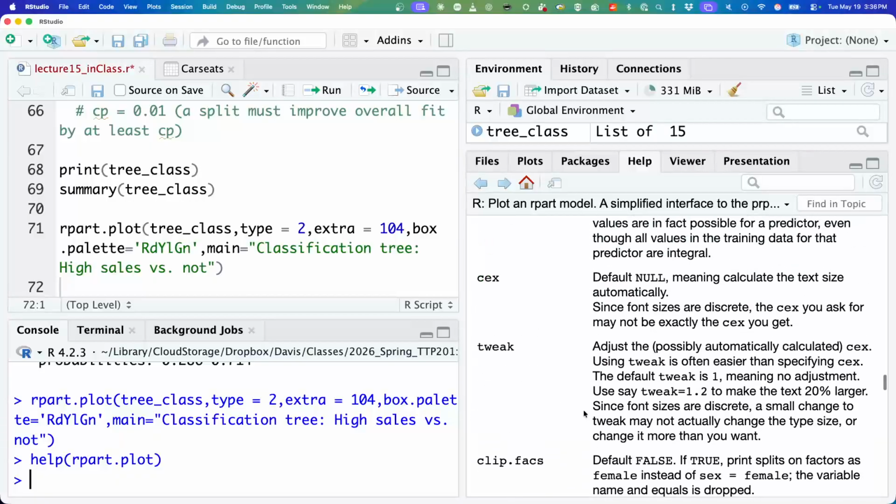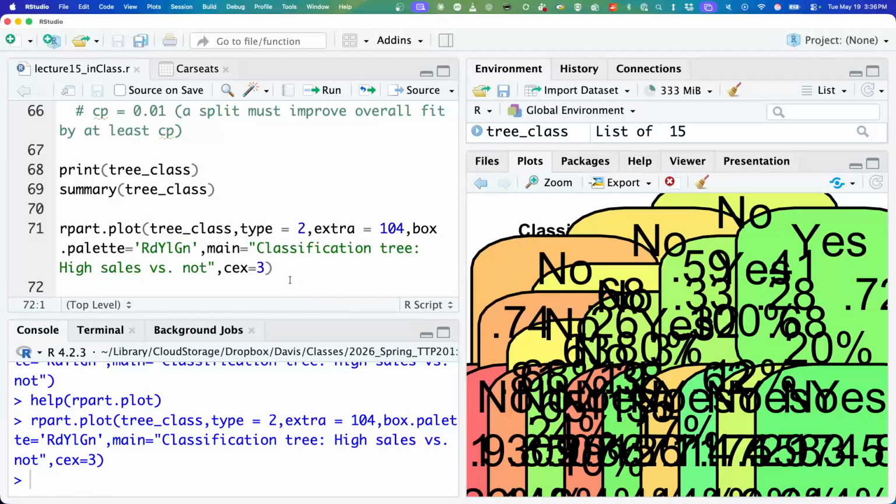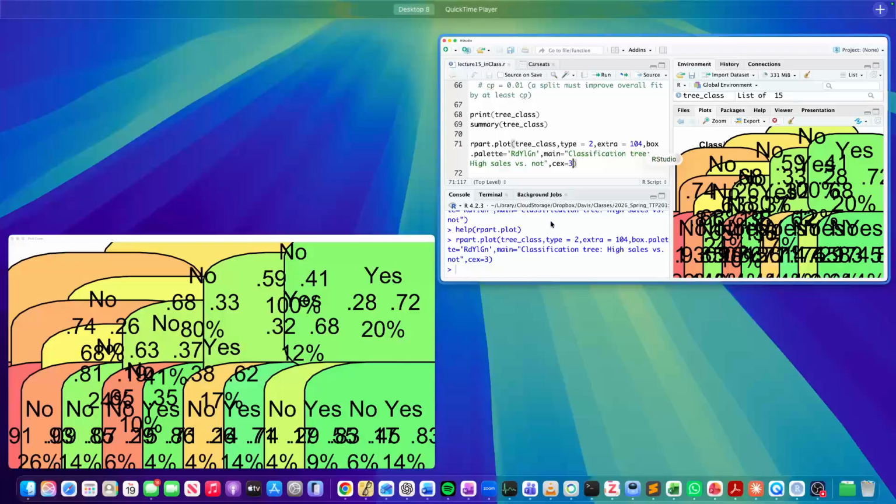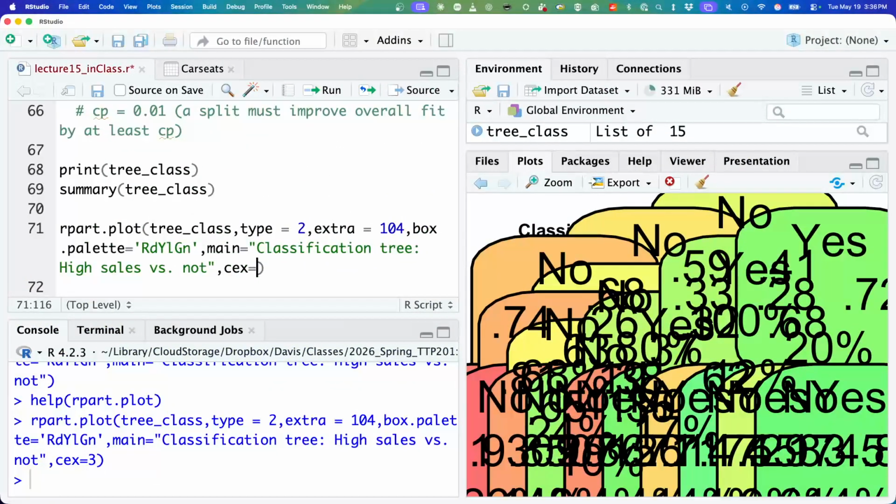CEX maybe. Yeah, here we go. CEX equals 3. Let's try this. Okay. That's too big. Let's try 2.